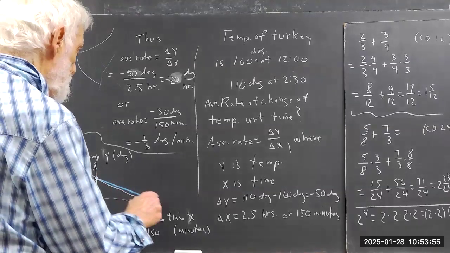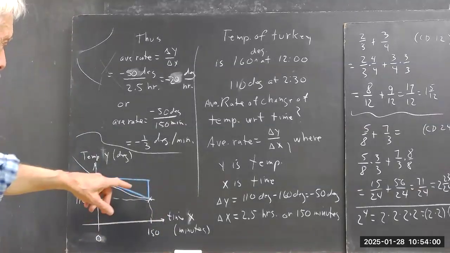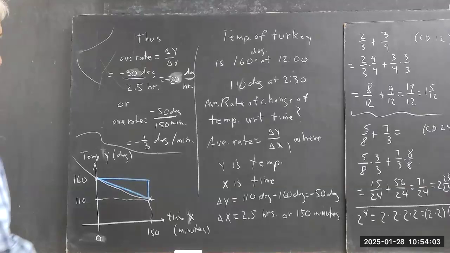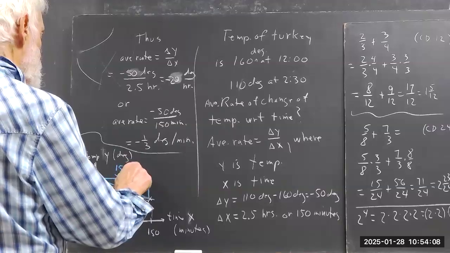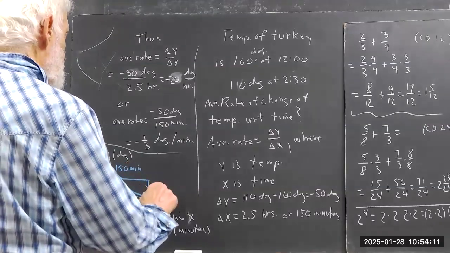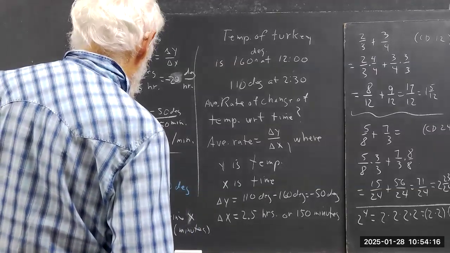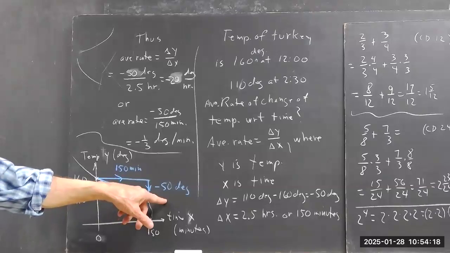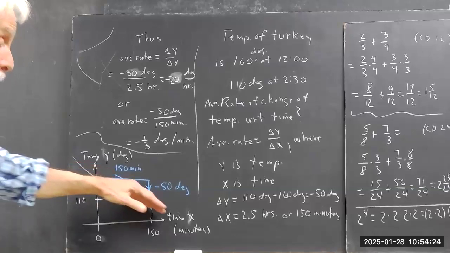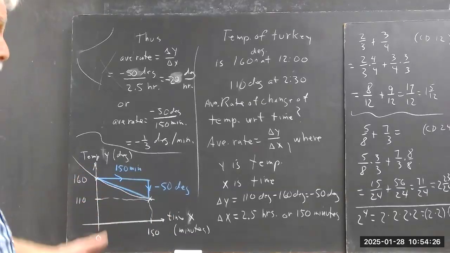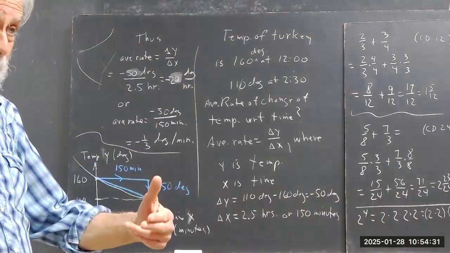And you can calculate that average rate of change using this triangle, where this is negative 50 degrees. And you calculate the slope of this hypotenuse here. And what's the definition of slope? It's rise divided by run.